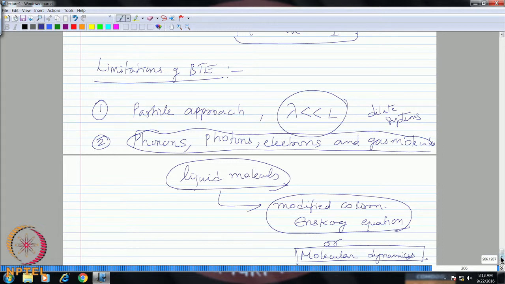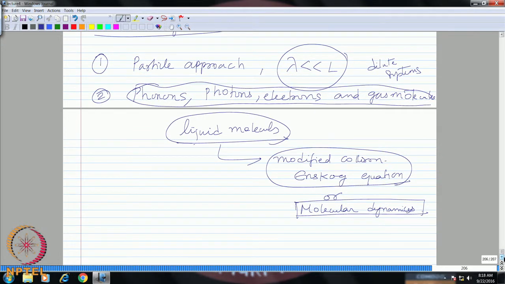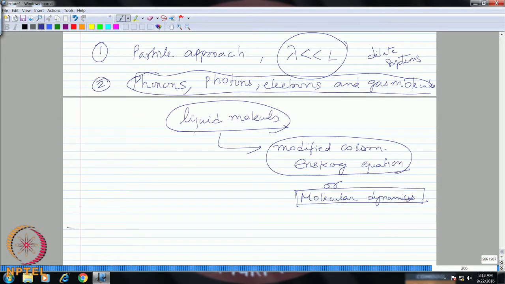Okay. So, apart from that, this works reasonably fine if you want to compare some results of the transport solution from the BTE with experiments. So, the BTE, even with the relaxation time approximation, is found to be quite adequate and accurate in capturing all the physical phenomena.